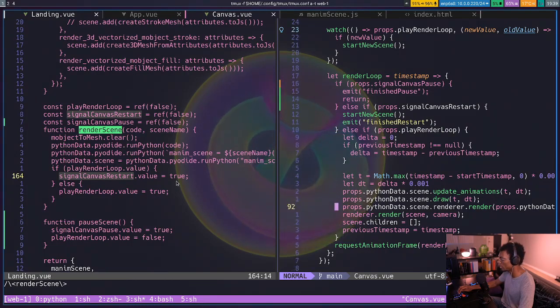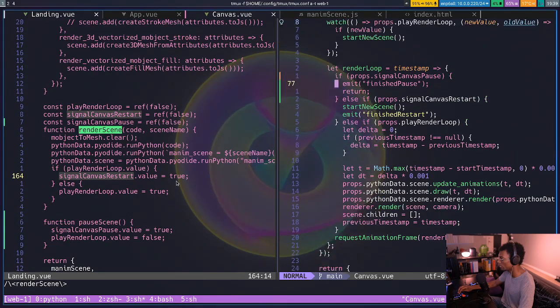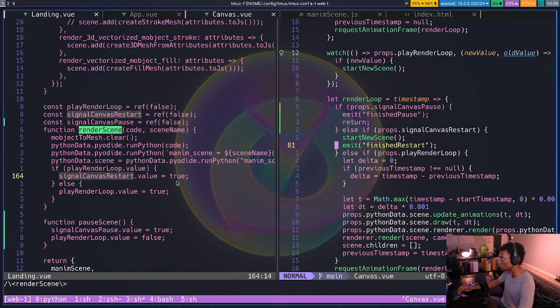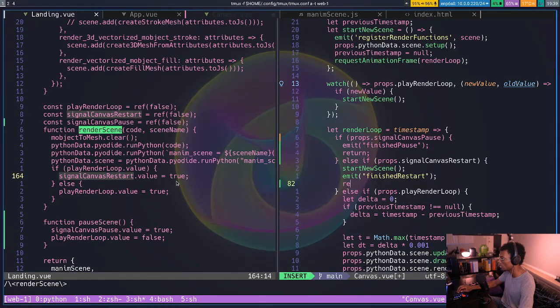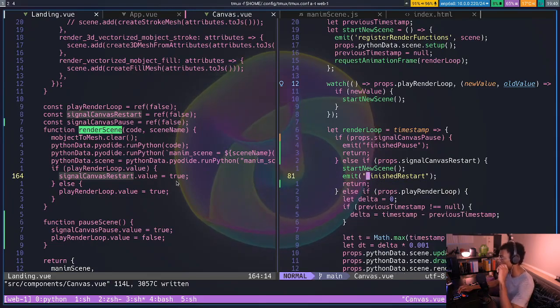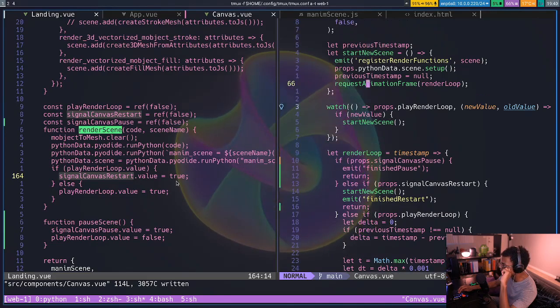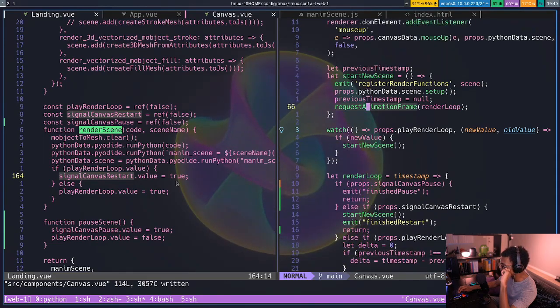Oh, and this doesn't have a return, so it continues requesting itself. Wait, start new scene. Yeah, this needs to return here. Then it'll do this start new scene, and that will request animation frame.